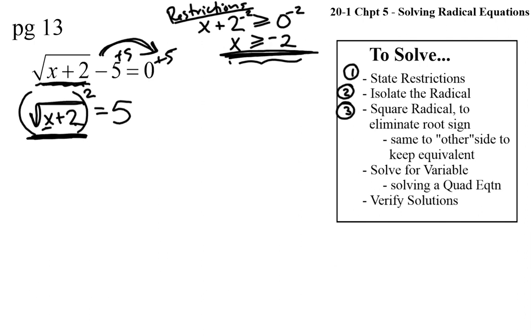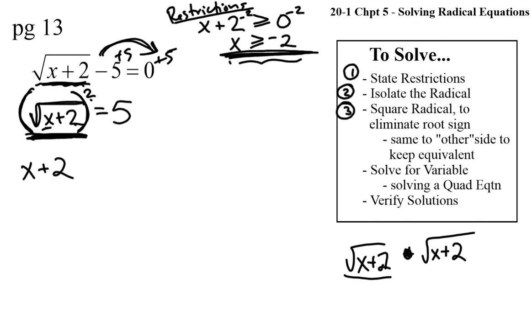Anytime I have a radical and I multiply it by itself, a radical multiplied by itself leaves me with the radicand. So anytime I have something, x plus 7, or in this case, let's use x plus 2 as a root, and I multiply it by the same thing, something as a radical times itself, all we're left with is the radicand.